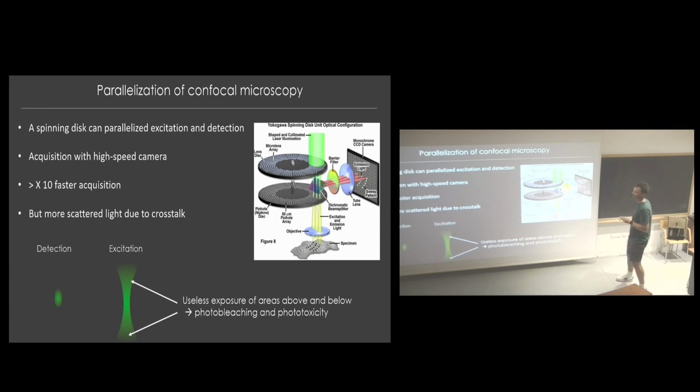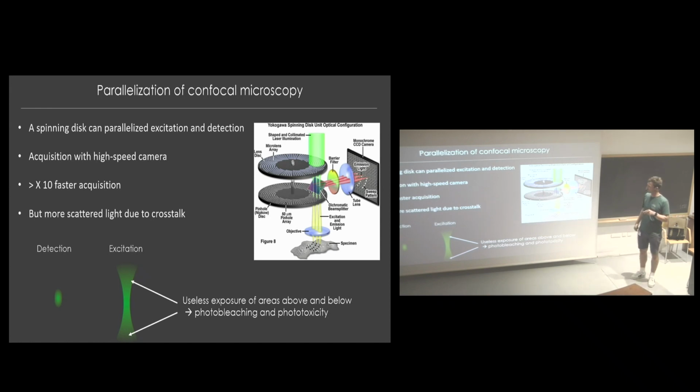So here you are not using a scanner, but you shine your light through two spinning disks that have holes. By doing this, you are exciting fluorescence on your sample only at sparse points. And then you back-collect the fluorescence light through the pinhole to have optical sectioning, and then you send it to a camera.